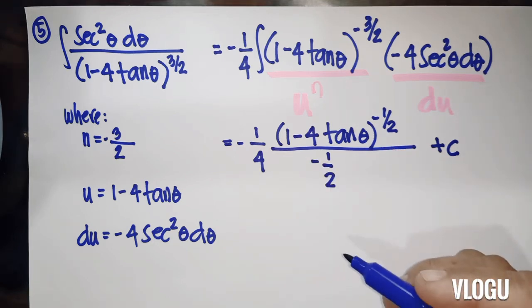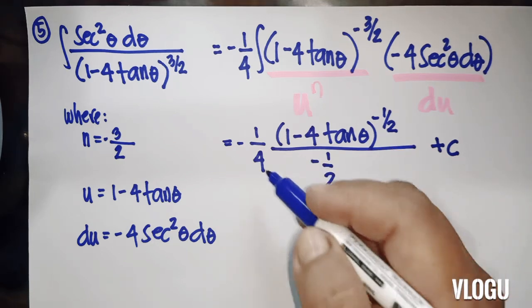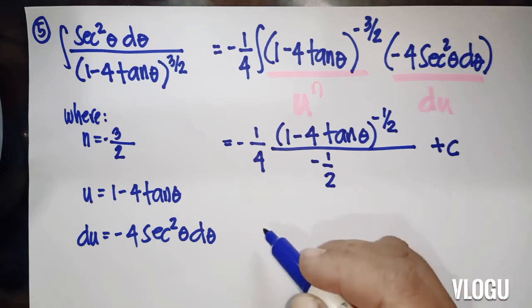So negative, negative, that is positive. 4 divided by 2, that is 2.